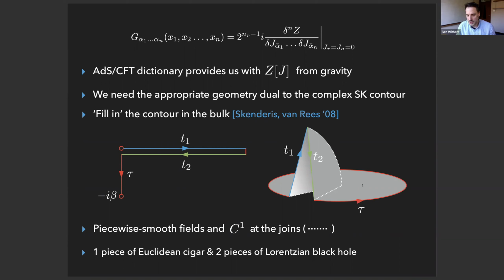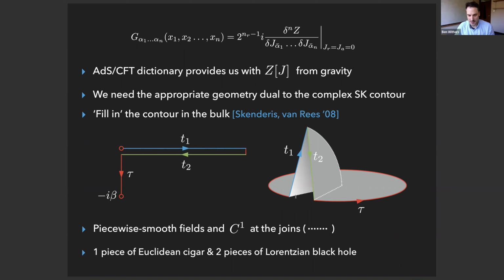So this Euclidean cigar geometry is, you take the full disk and then you cut out a wedge. You take a cut, let's say at tau equals 0. Usually you would identify tau equals 0 with tau equals beta, so imagine you cut the disk open along that line. And that's this black cut that I've drawn in here.